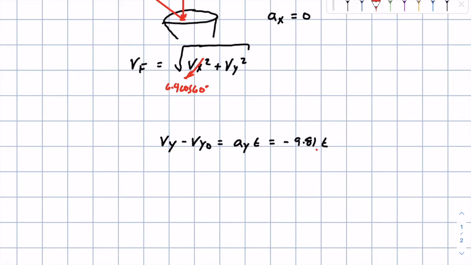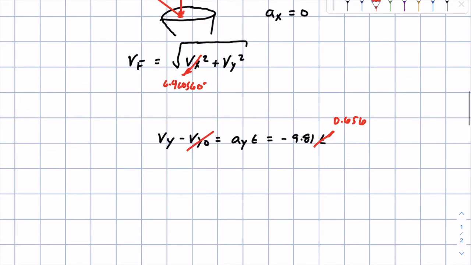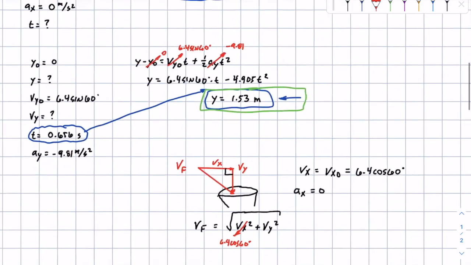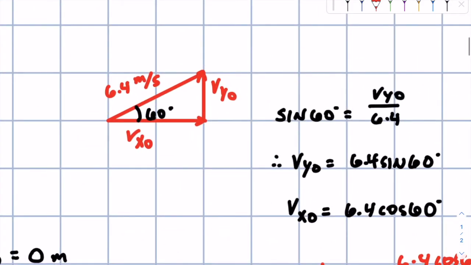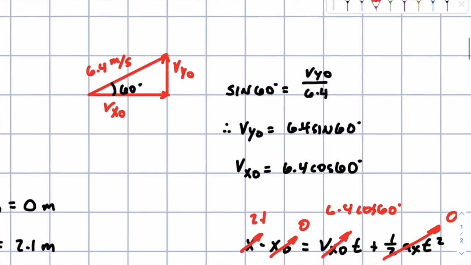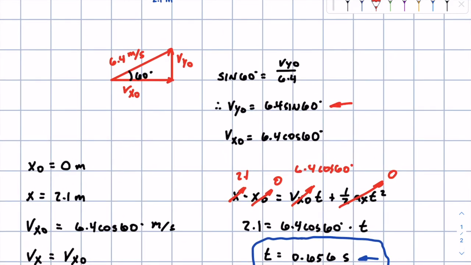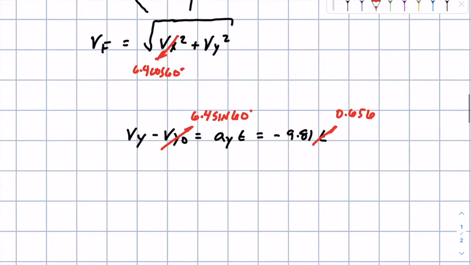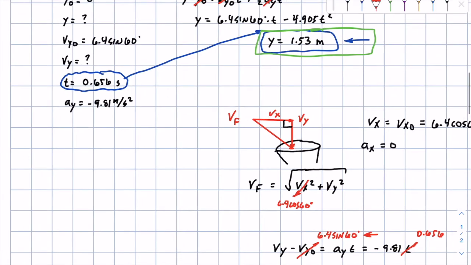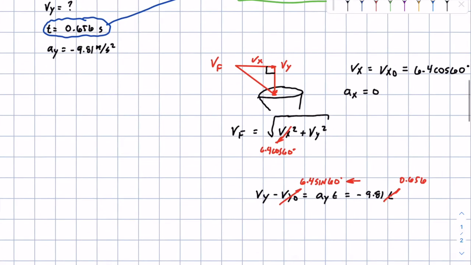We know that t is equal to that 0.656 seconds, and we know that the initial velocity in the y direction was 6.4 sine 60. Going back up here, here's our vectors for the initial velocities. So we're making that substitution down here, and then we're plugging in the time that we solved for right here.